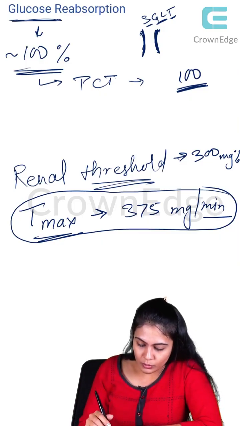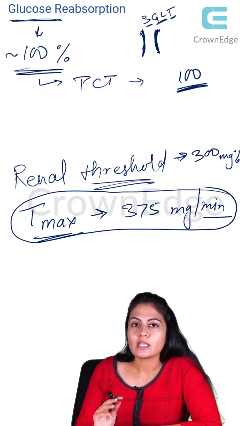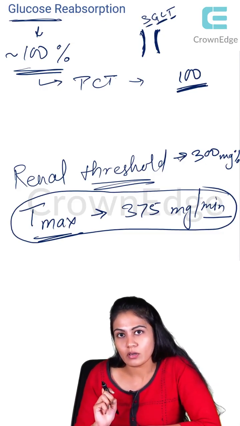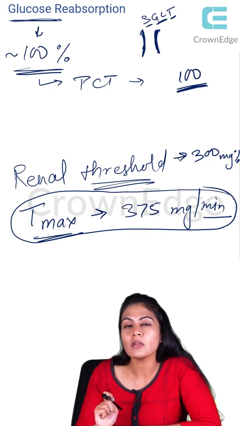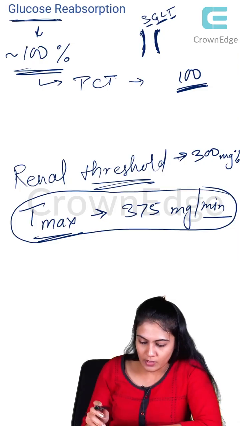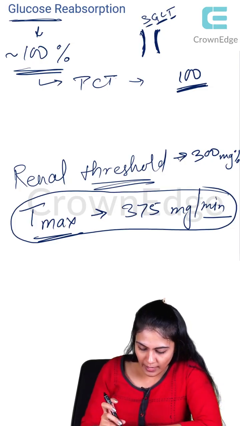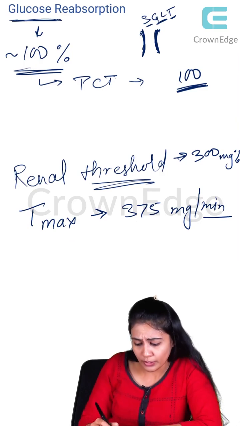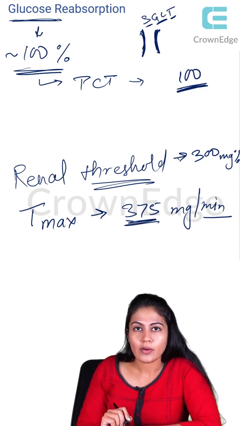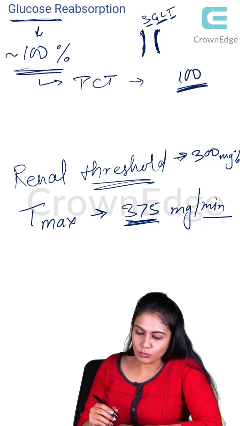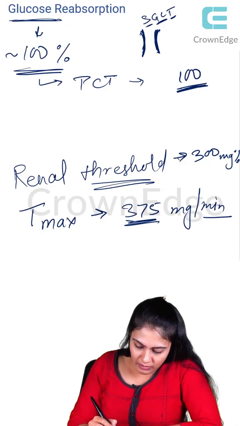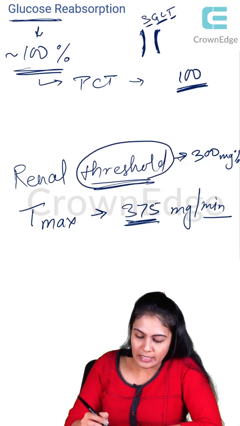All the nephrons do not have this Tmax. Some students might have fewer marks, similarly some nephrons have a lower Tmax or lower threshold. So though theoretically the Tmax is this, in practical life the Tmax becomes much less, or you can say even the threshold is much less. What is that?